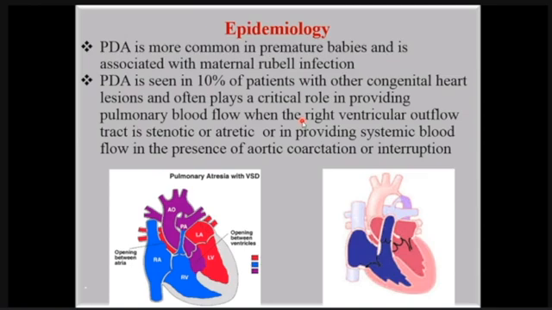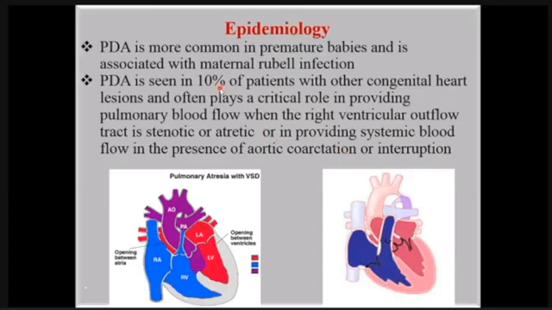For two reasons. Number one, the muscular layer is not well developed like in full-term babies. Number two, they are not well responsive to oxygen, which causes constriction of the ductus arteriosus after birth, making the incidence higher in premature babies than in full-term babies.